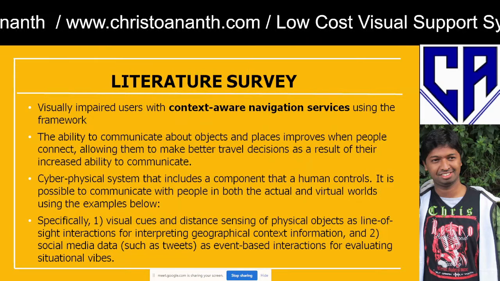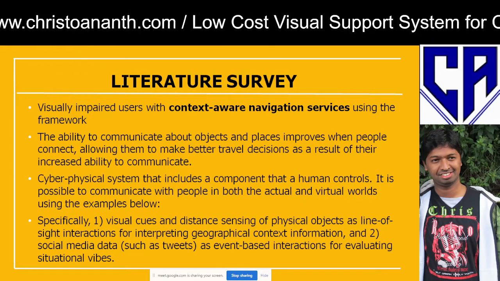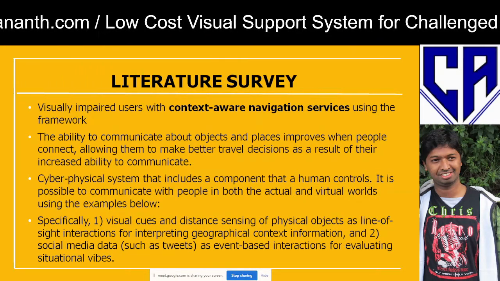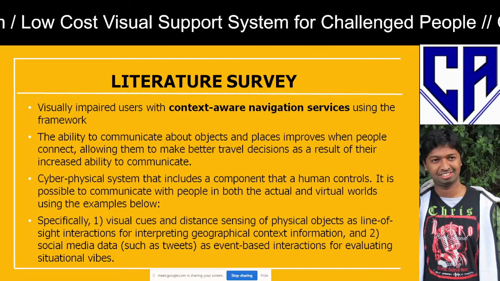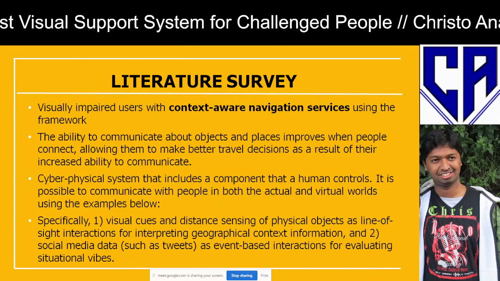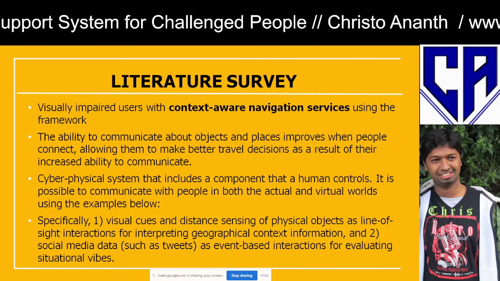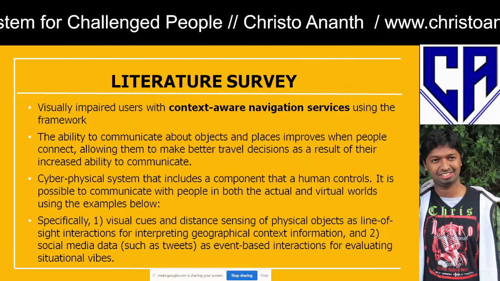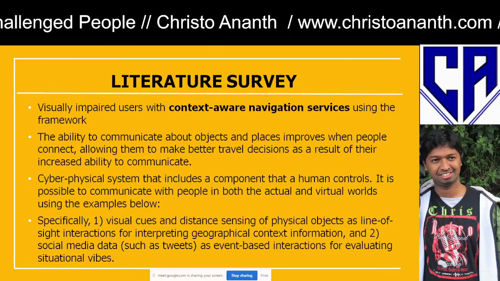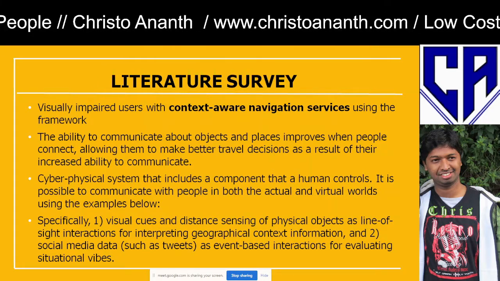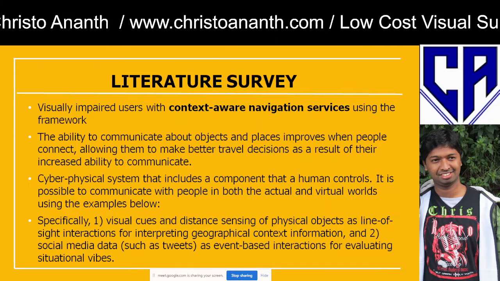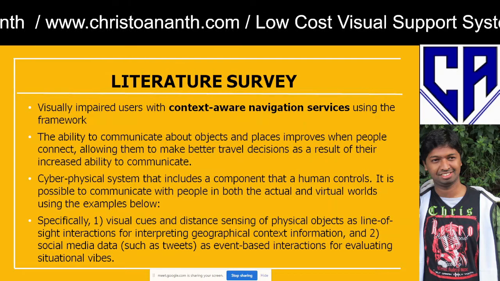Visually impaired users also, in the context of navigation services, may tend to use this smart glass system. When they move around, from objects to places, the interconnectivity allows them to make better travel decisions with their ability to communicate.